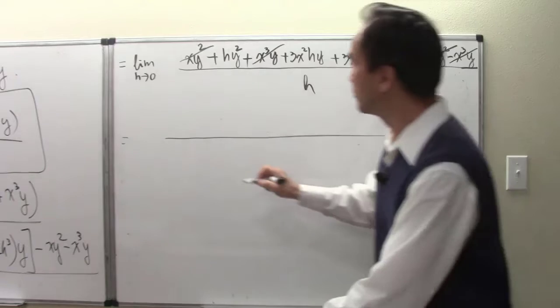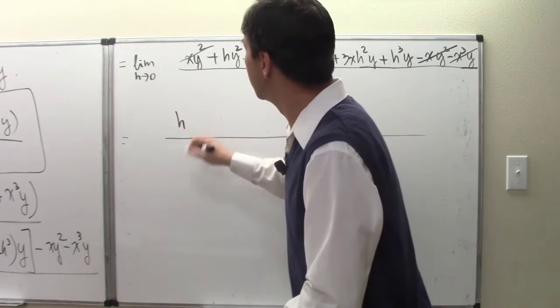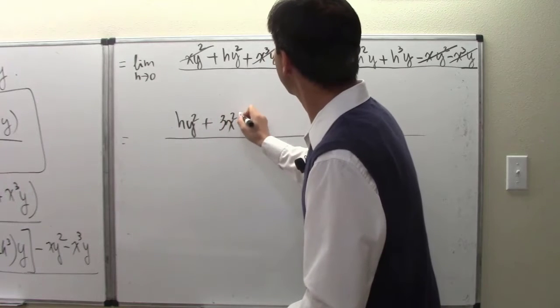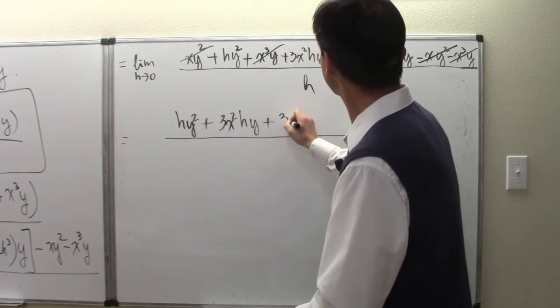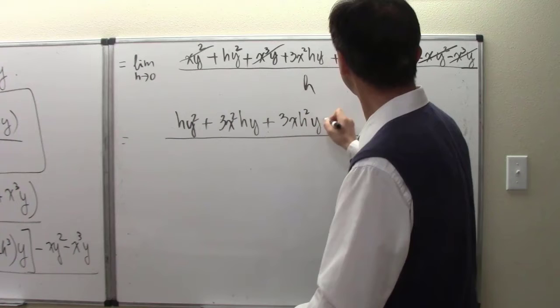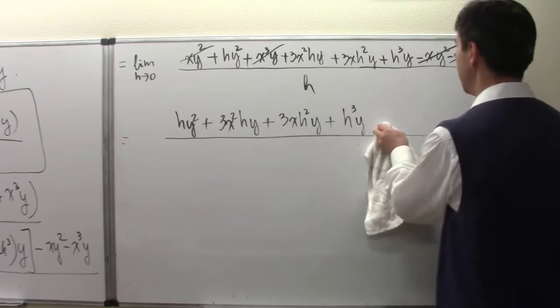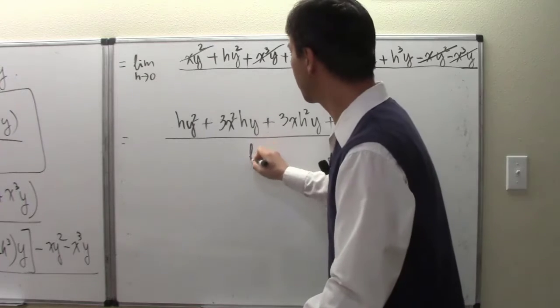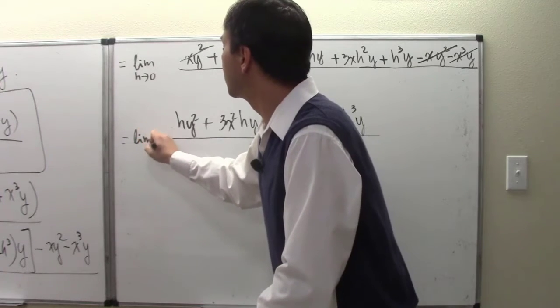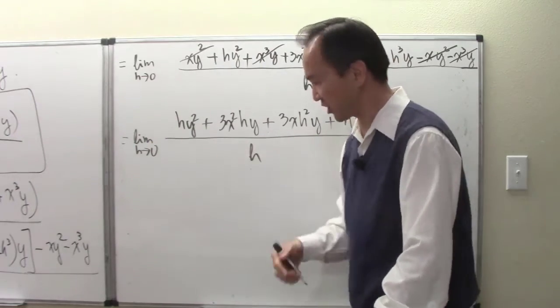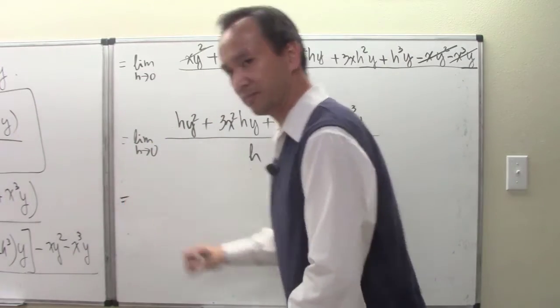Okay, so the remaining terms are hy squared plus 3x squared hy plus 3xh squared y plus h cubed y here. Okay, and now the fraction bar doesn't need to be extended as long. It's a limit problem still, but now we keep getting closer.